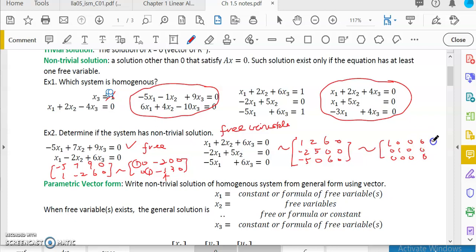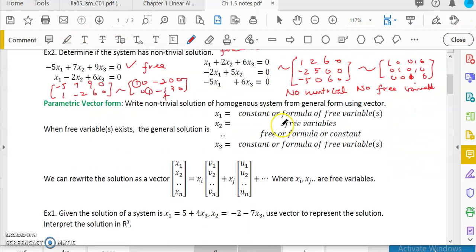So there is no free column, no free variable. So no non-trivial solution. So the only solution is 0, 0, 0. So that's how you discover it. You look at whether there is any non-pivot column.